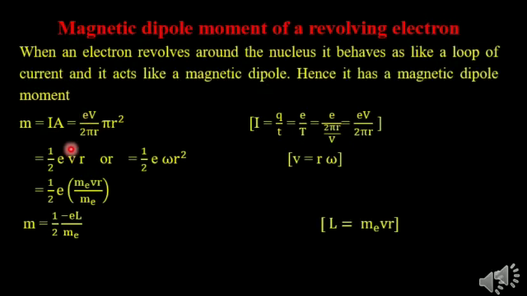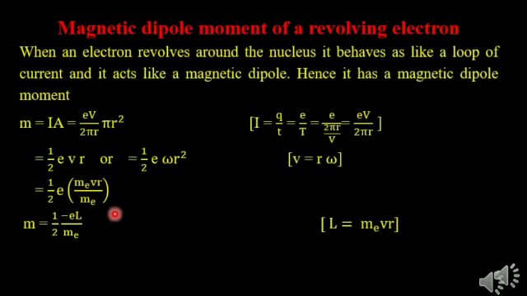Since v equals r omega, we can write the expression as half e omega r square also. Multiply and divide with m e, then this expression becomes half e m v r divided by m e. But m v r is the angular momentum of the electron, which is L.